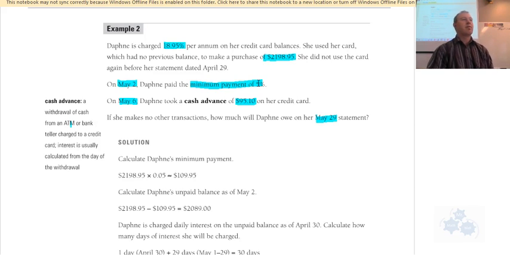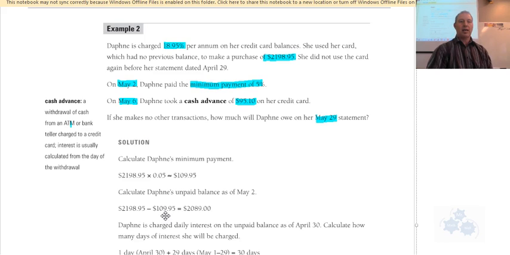Yeah, minimum payment of 5%. Okay, so you simply take 5% of this money right here. So that's your money times 0.05. You see that? And that's 5%. Okay, so that's the minimum payment she has to make. Okay, so that's on May 2nd, minimum payment.